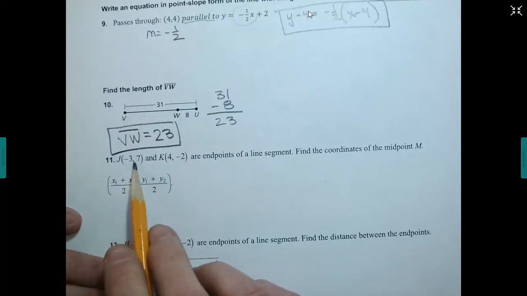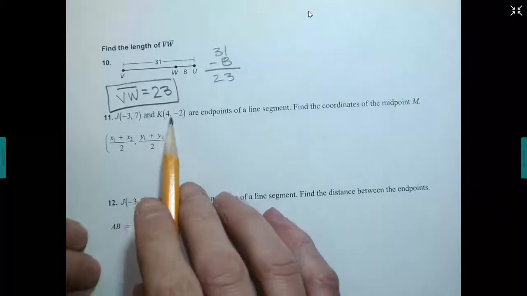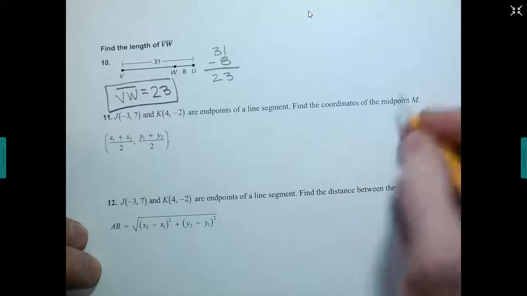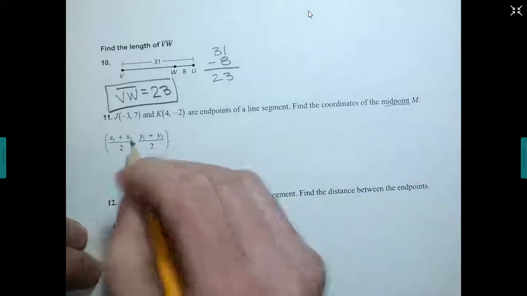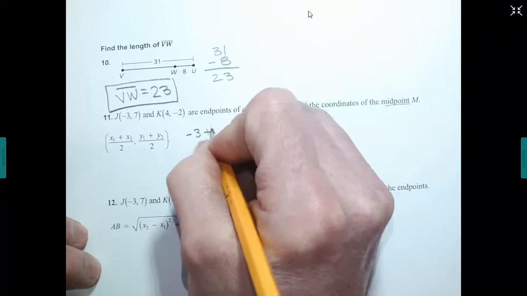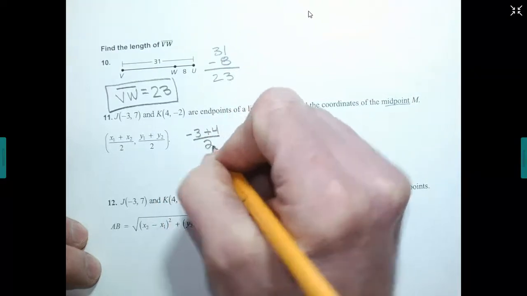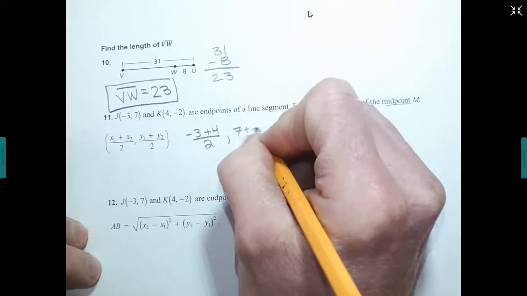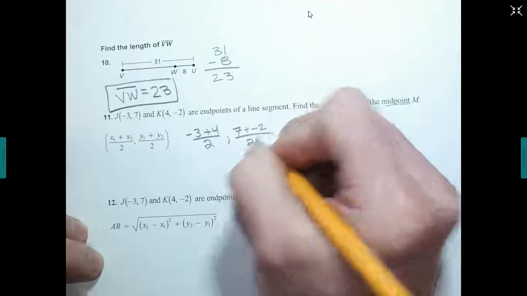J is negative 3, 7. K is 4, negative 2. They're the endpoints of the line, so I'm going to find the coordinates of the midpoint. I gave you the midpoint formula, so I have negative 3 plus 4 over 2, and 7 plus a negative 2 over 2.